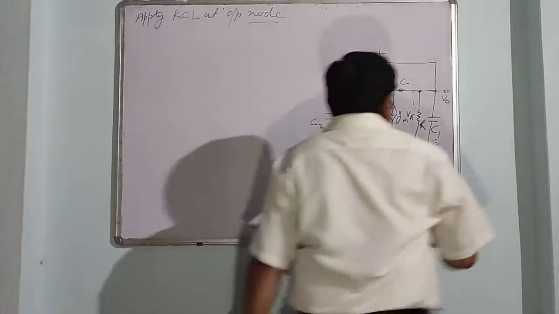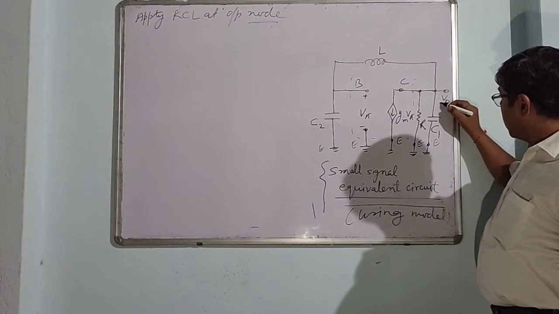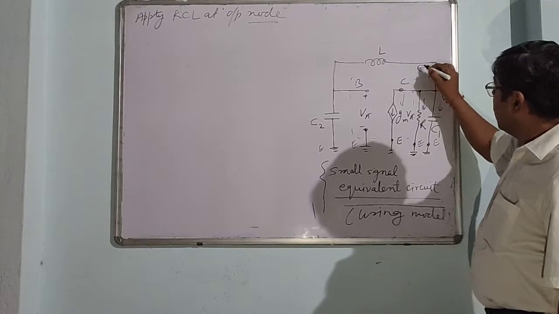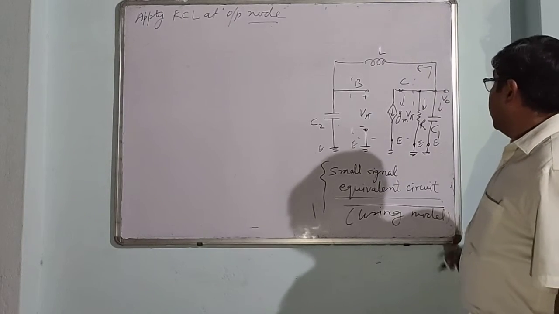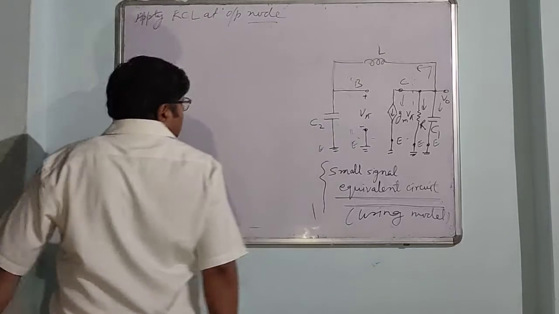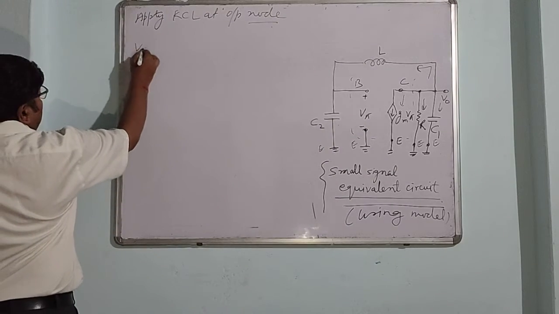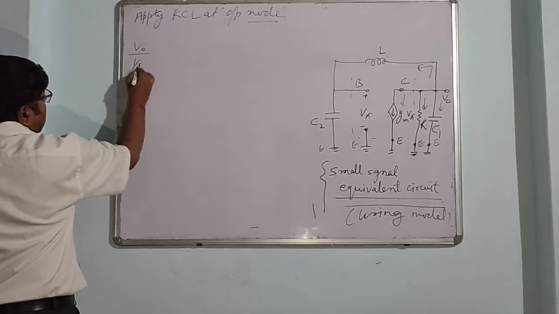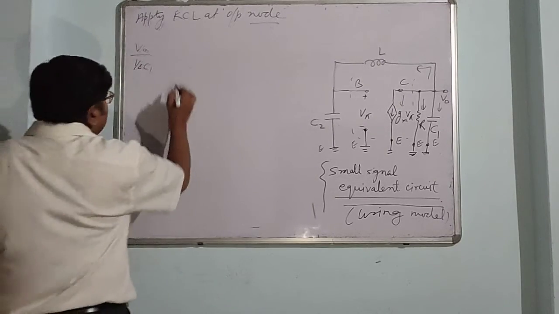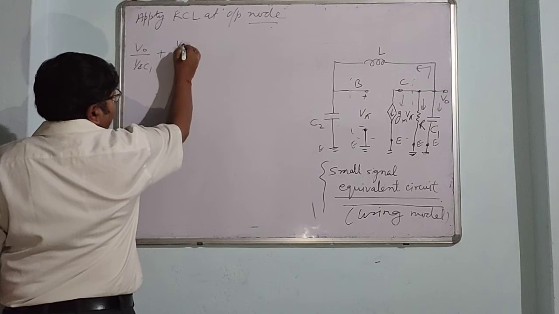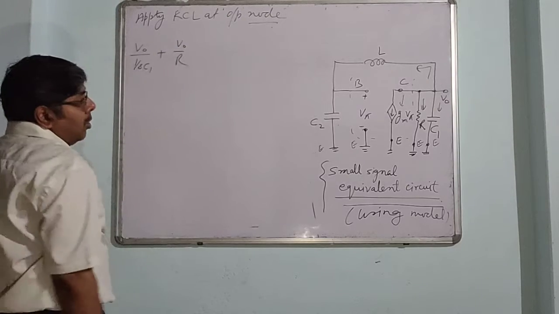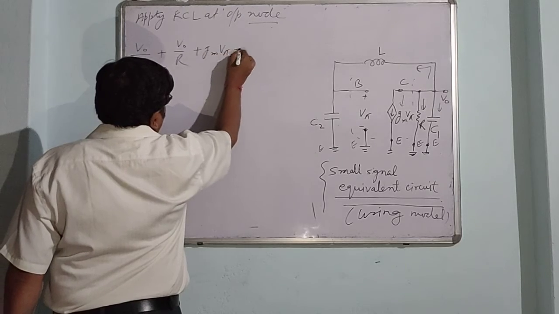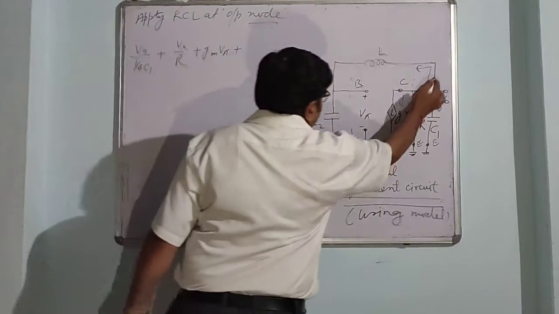So what are currents? We have four currents: 1, 2, 3 and 4. These are four outgoing currents. So you can write V naught upon impedance of capacitor, that is 1 upon SC1, plus V naught upon R, plus Gm V pi, plus this one.